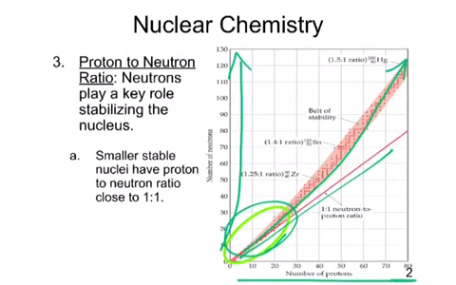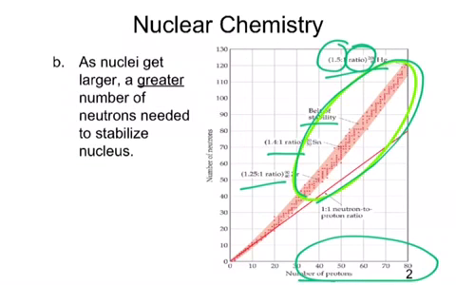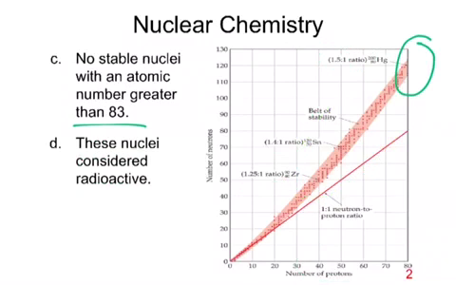And that's to help hold the nucleus together and stabilize it. As we get bigger and bigger, we have radioactive elements because we don't have enough neutrons, we don't have enough strong force to actually hold that nucleus together.